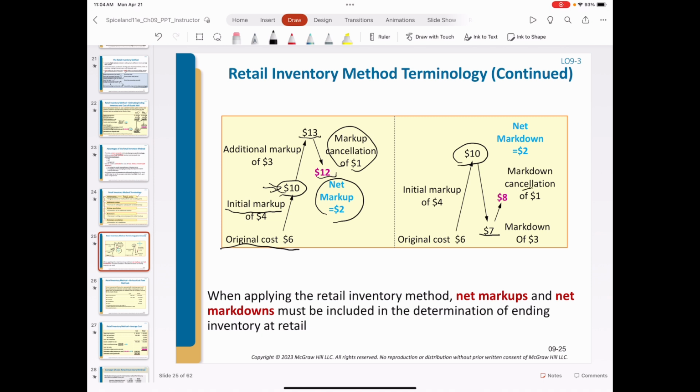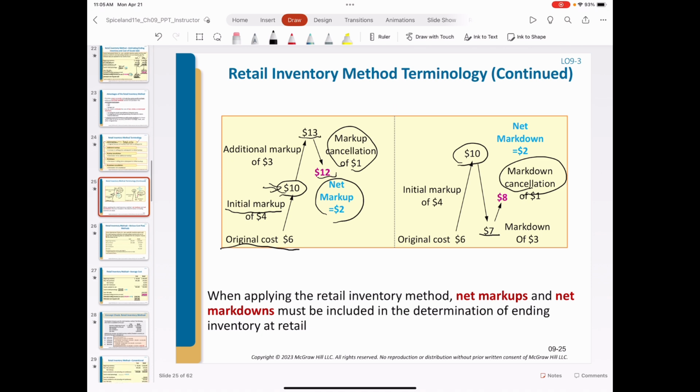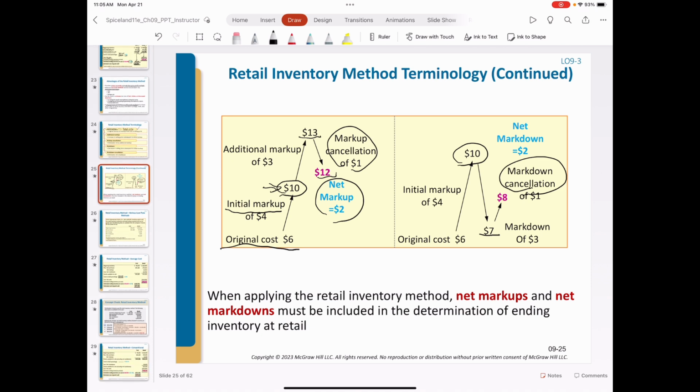For this case, the maximum markdown cancellation is $3, because with a $3 markdown cancellation the price will be back to the original retail value. Any additional price increase will be markup. So these are factors that will have an impact on the retail price, and we should incorporate them into our analysis.